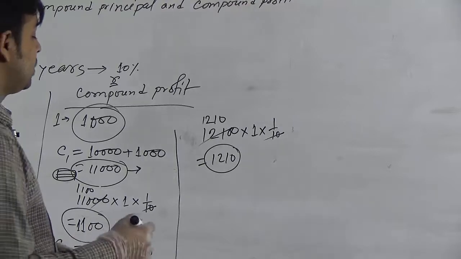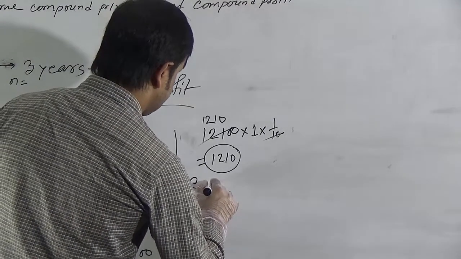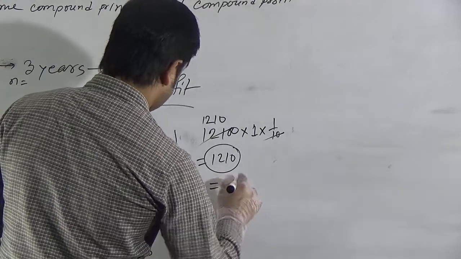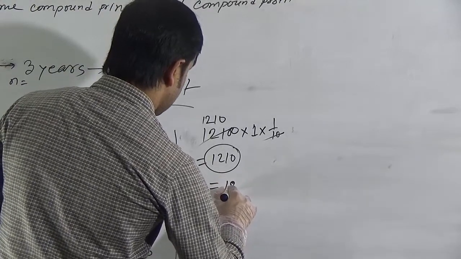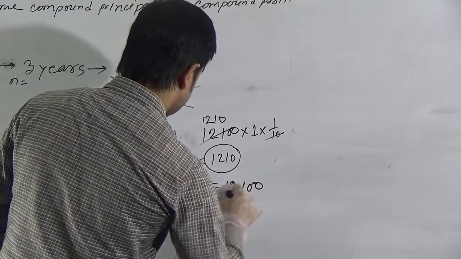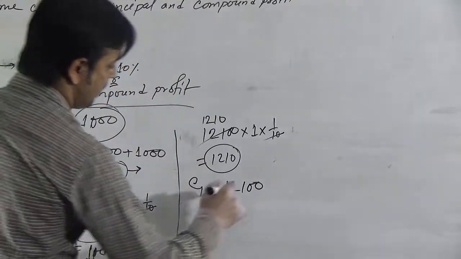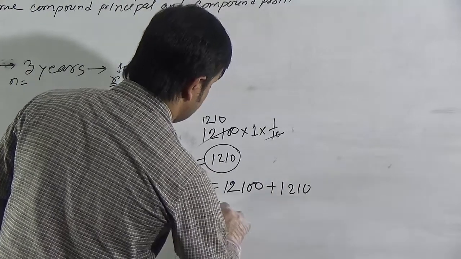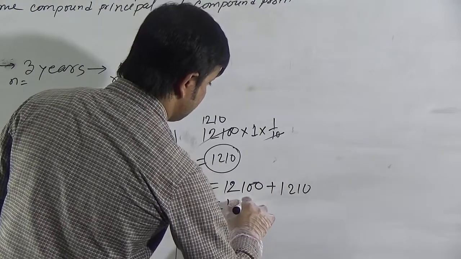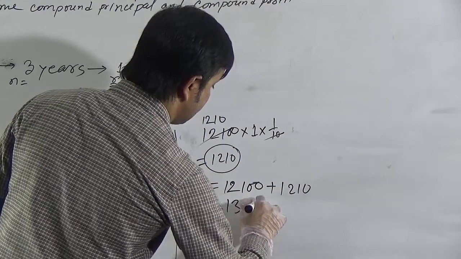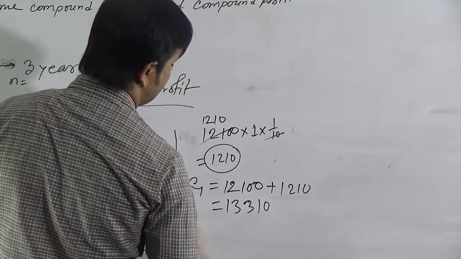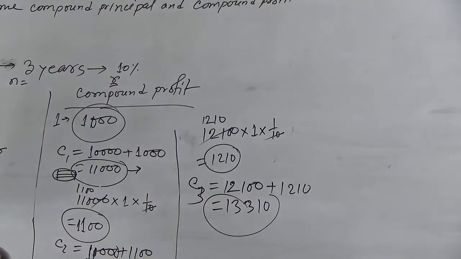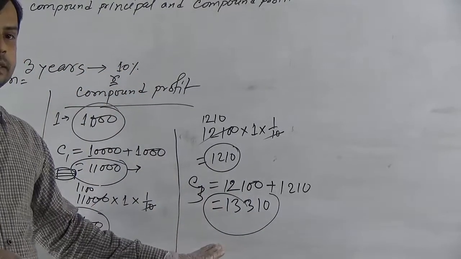After the third year, the compound principal will be 12,100 plus 1,210. This will be 13,310. This is our compound principal for the third year.